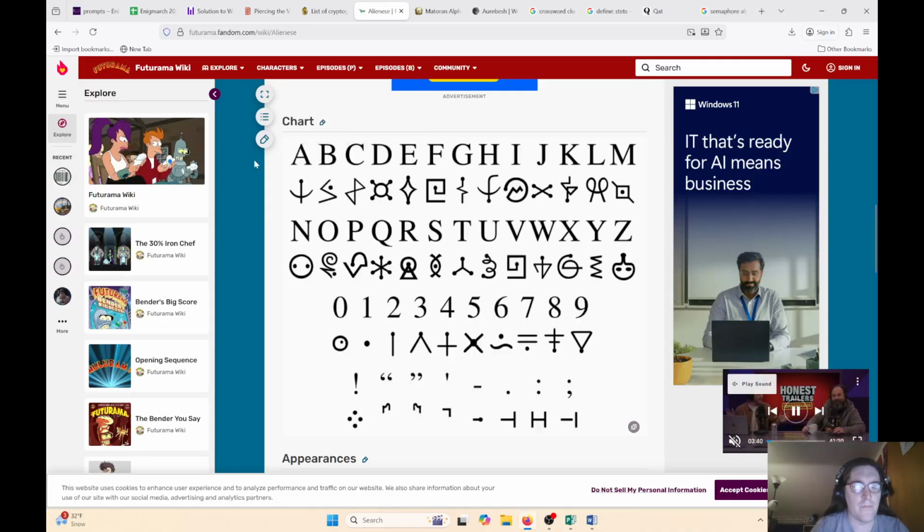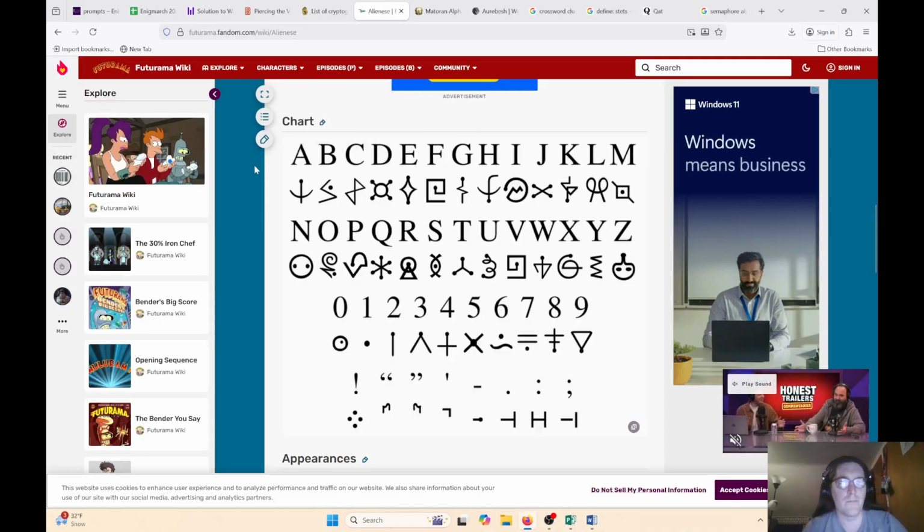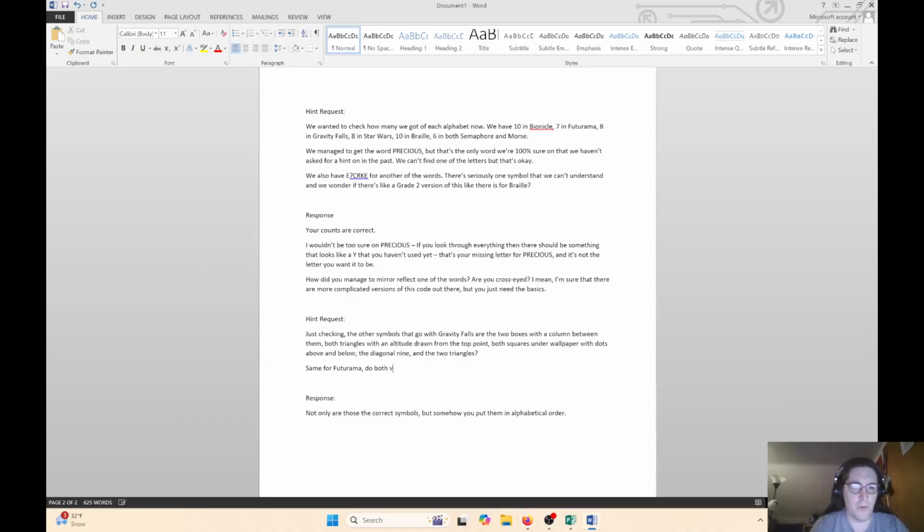Do both triangles, pair of triangles with a pair of vertical angles?